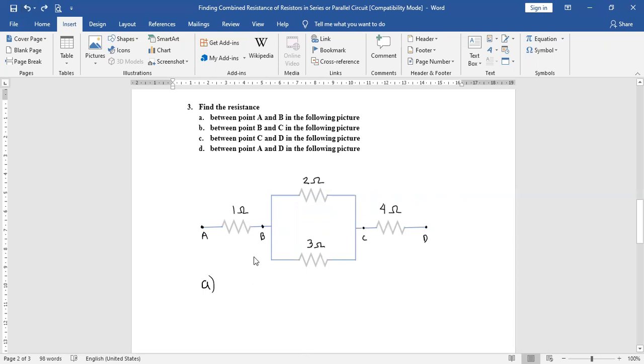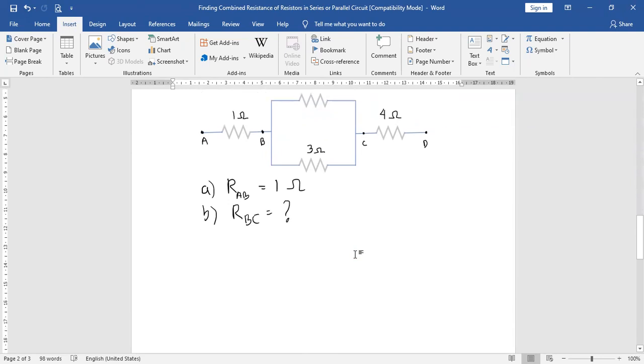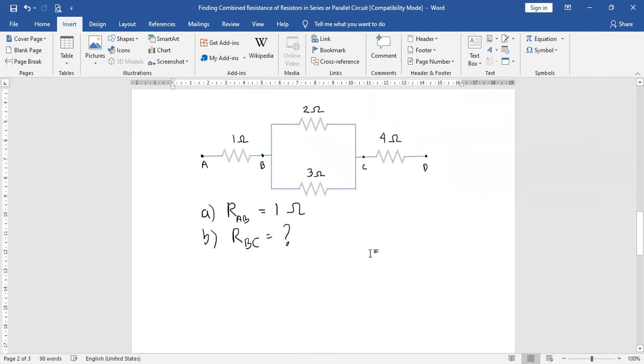So we can also write it as RAB, which means the resistance between A and B, so it's 1 ohm. And then for the resistance between point B and C, since we have two resistors over there, we need to use an equation.